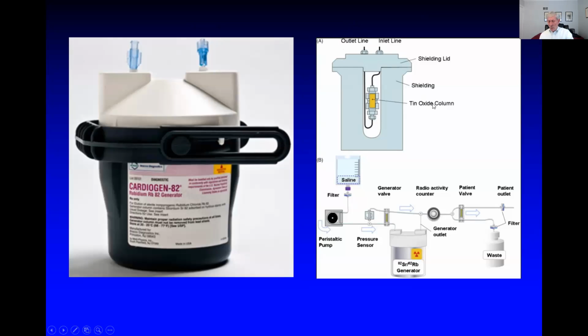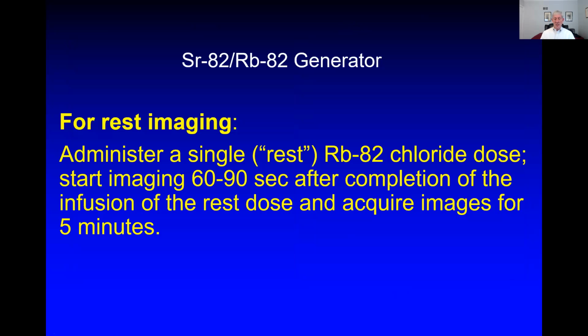It goes into the outlet line, and that would be probably right here at the bottom of the diagram, and that goes through a valve that goes straight into the patient. And there's also a waste bin to collect any excess that is not injected into the patient. So this is not a simple operation. It requires a pretty fair amount of training to be able to competently initiate and run this kind of study.